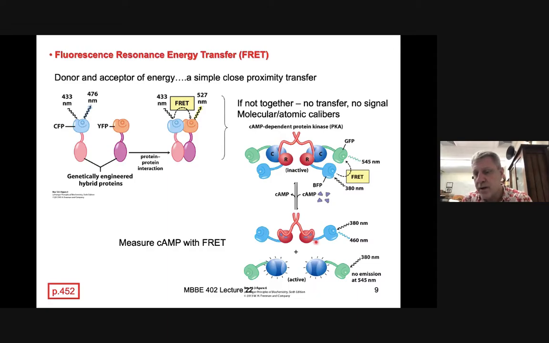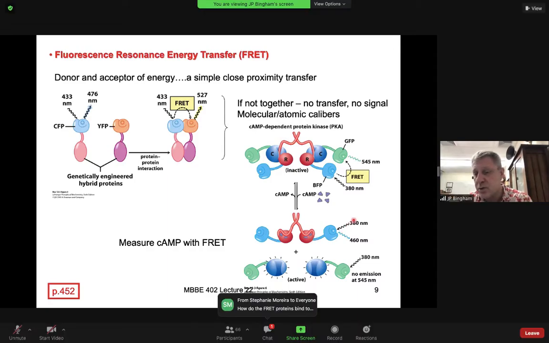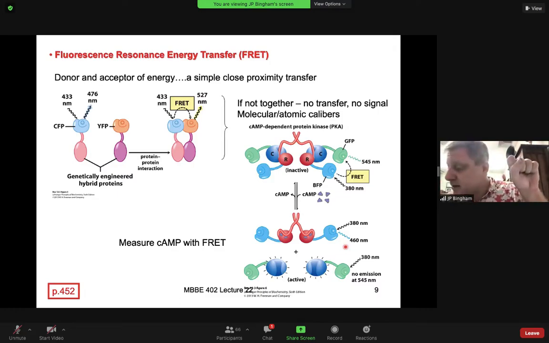And therefore, we're going to see a stimulation at our normal wavelength of 380 nanometers, but we're going to see an emission at 460, because at this stage, we're not in close proximity to cause that transfer as when the regulatory site and the catalytic site were in close proximity to each other. And in this case, we have a clear indication that those two proteins have dissociated and are at a distance, not allowing the production of FRET.